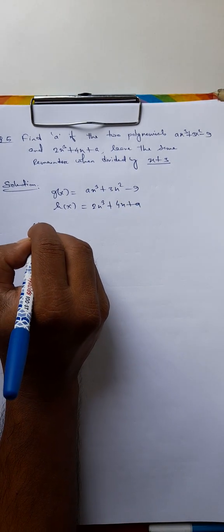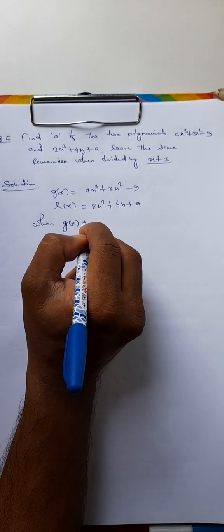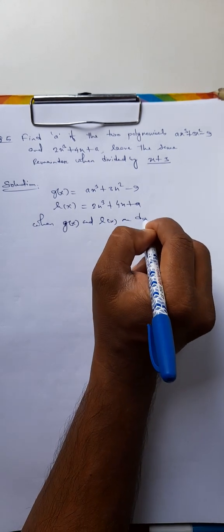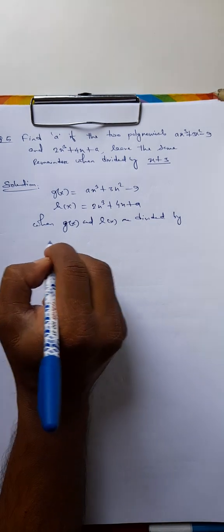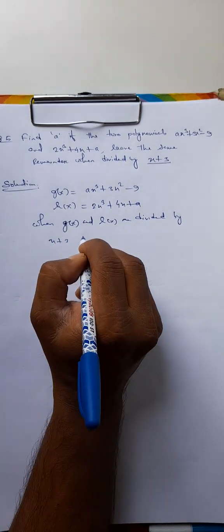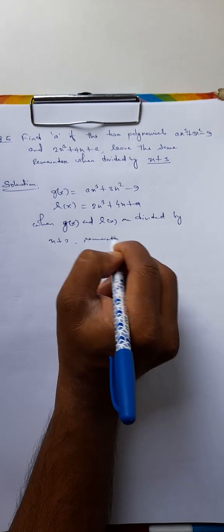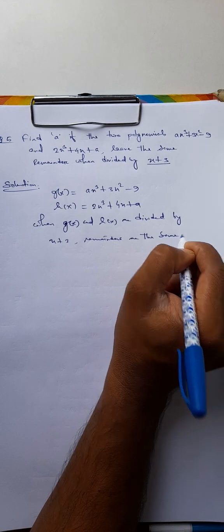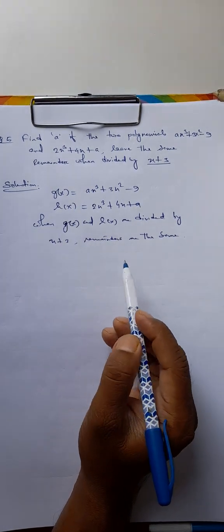It says when g of x and h of x are divided by x plus 3, remainders are the same.